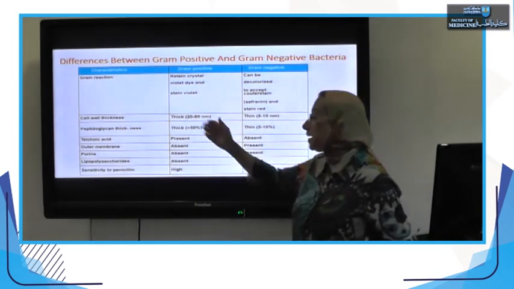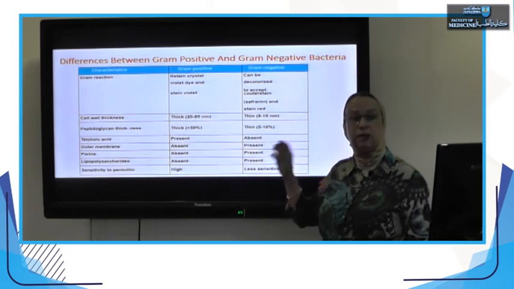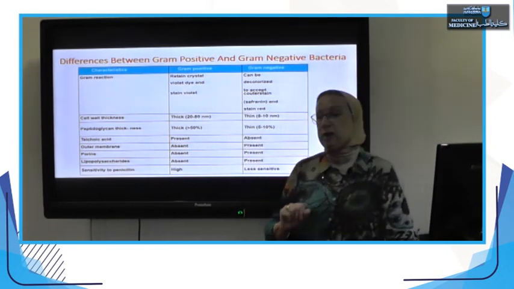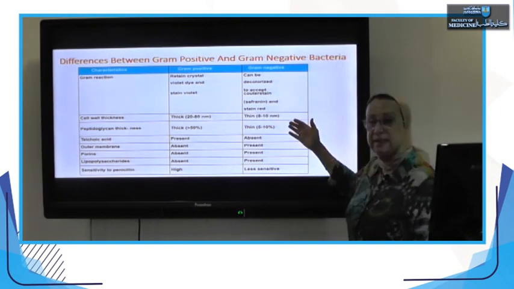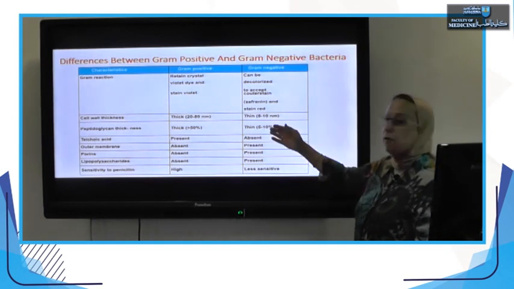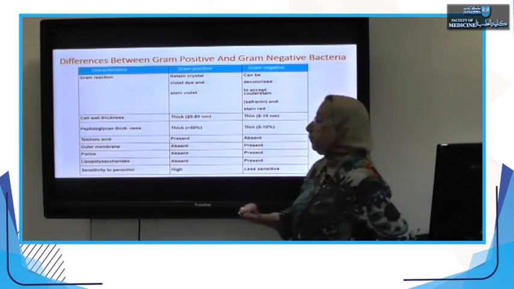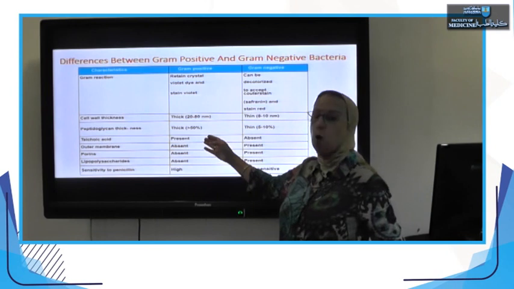As regards the cell wall thickness and peptidoglycan layer, the gram-positive wall is much thicker, with thick abundant peptidoglycan, as I said, more than 50% of the wall thickness. Whereas in gram-negative bacteria, the wall is thin, with a thin peptidoglycan layer of 5 to 10% of the wall thickness. Teichoic acids, the antigen, are in gram-positive bacteria only.